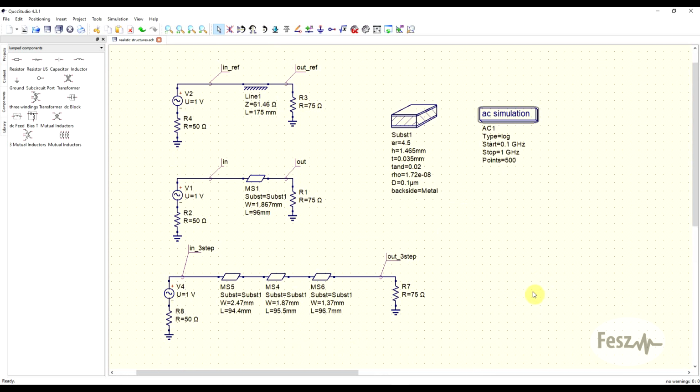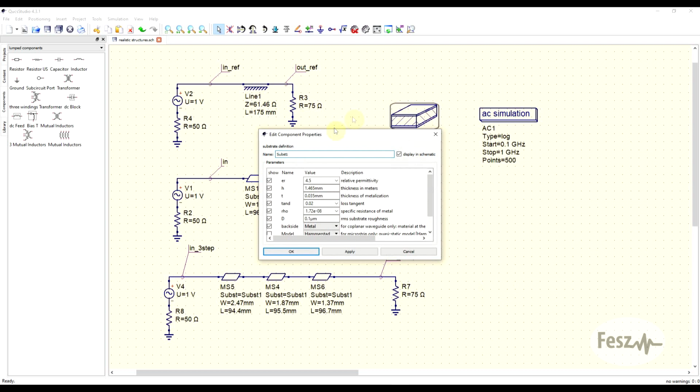The other thing to highlight can be better observed in the Qucs Studio simulator. One of the important features of this software is that it doesn't just have ideal transmission lines, but also you can build structures that are based on specific realistic substrates. So for the simulation, I considered an FR4 board that has a 4.5 relative permittivity and about a 0.02 loss tangent, and the typical 1 ounce copper thickness of around 35 micrometers.